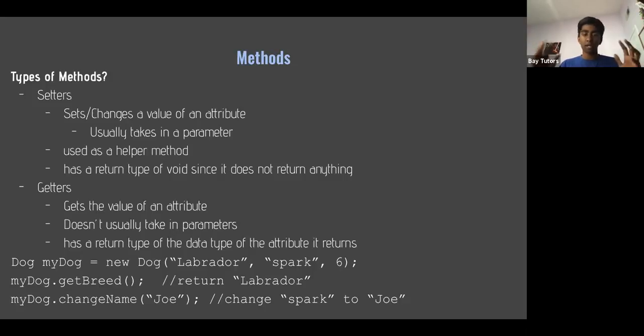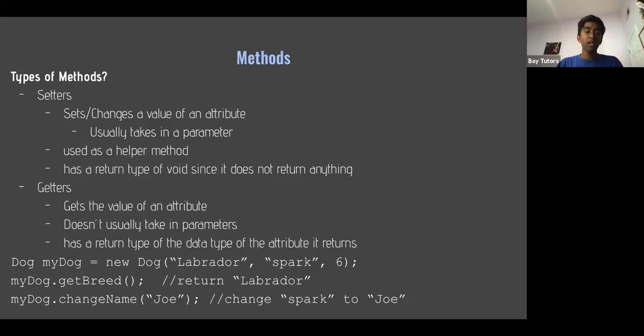Either it can be a string, boolean, whatever it is that's intended for, and it's usually used as a helper method. And the reason I say helper method here is, suppose you have your constructor, and suppose you have a lot of attributes to your class, something more complex than a dog, like for example, a house. A house has a lot of attributes. And suppose you didn't want to set all your attributes in the constructor, because that'd be too big of a parameter list.